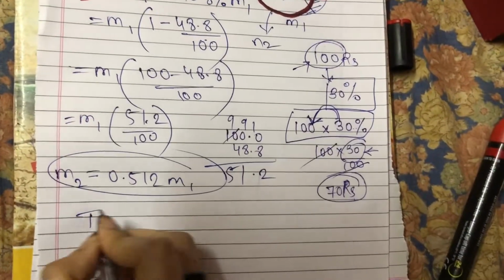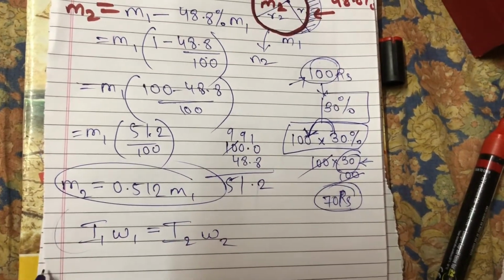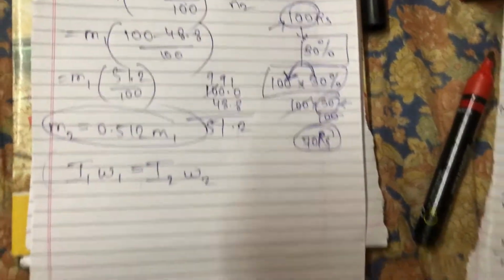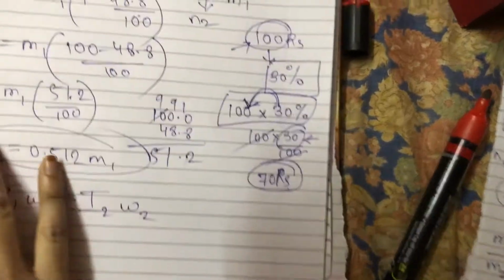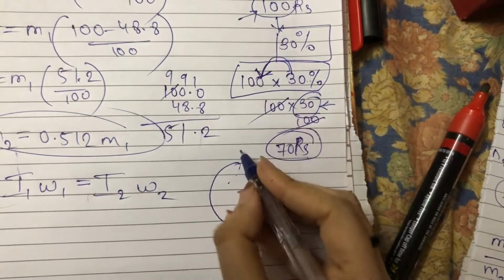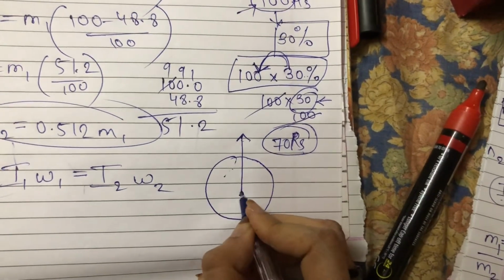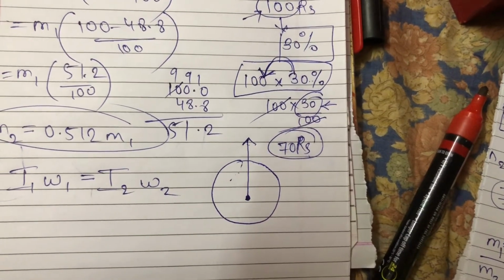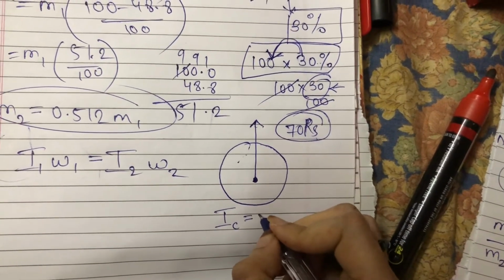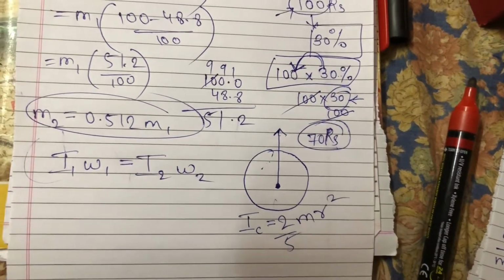Okay, now for this I'll be using the formula I1 omega 1 is equal to I2 omega 2. Now I1 is the moment of inertia of the first balloon with mass m1. I2 is the moment of inertia of the second balloon with mass m2. Both the balloons are spherical in shape, and they are revolving. So we'll consider the moment of inertia about the center, which is 2 upon 5 m r square.